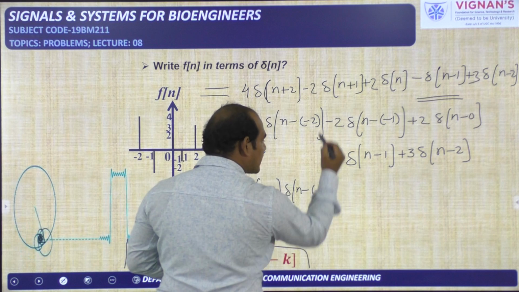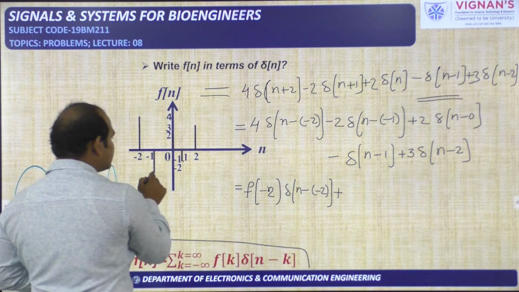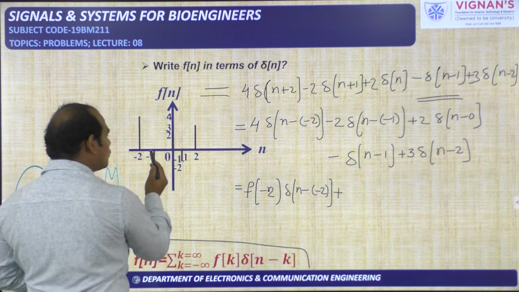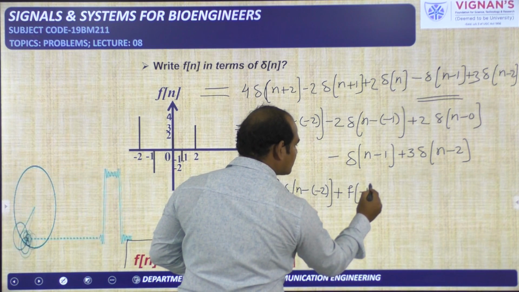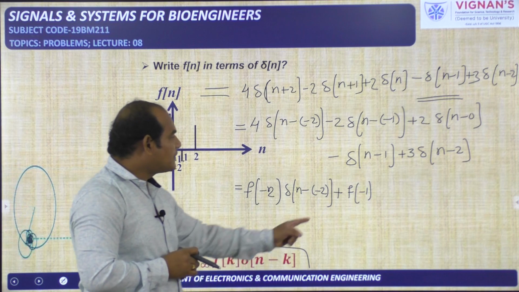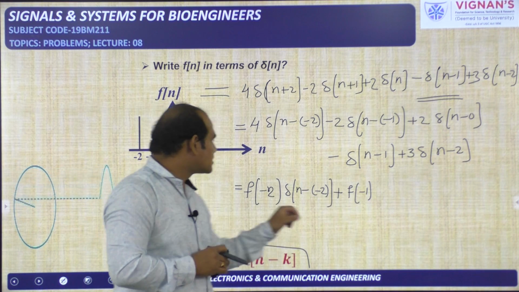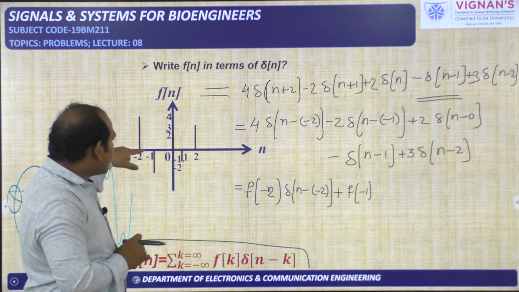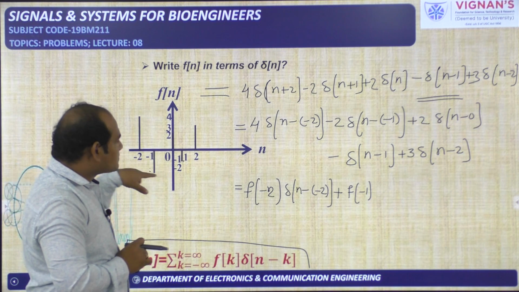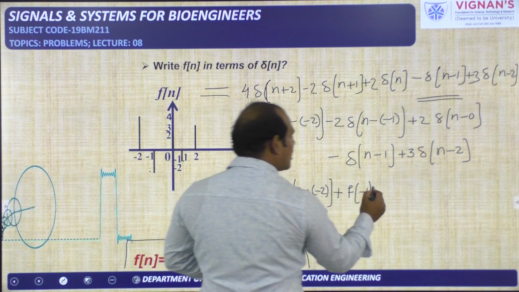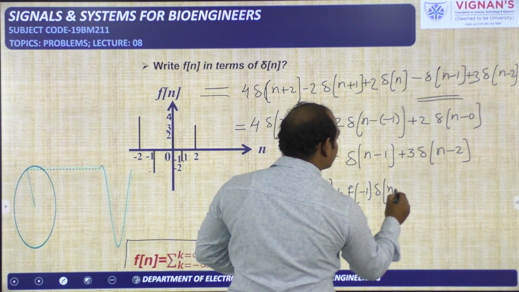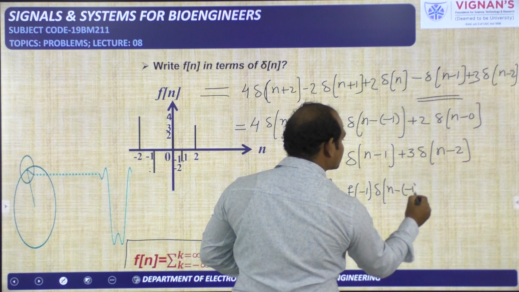Next, how to write this minus 2? Minus 2 is the amplitude of f of n at n is equal to minus 1. So this minus 2 can be written as f of minus 1. So f of minus 1 is the amplitude of f of n at n is equal to minus 1. When you take n value as minus 1, you will get amplitude minus 2. So in place of minus 2, I have written f of minus 1 into del of n minus of minus 1.